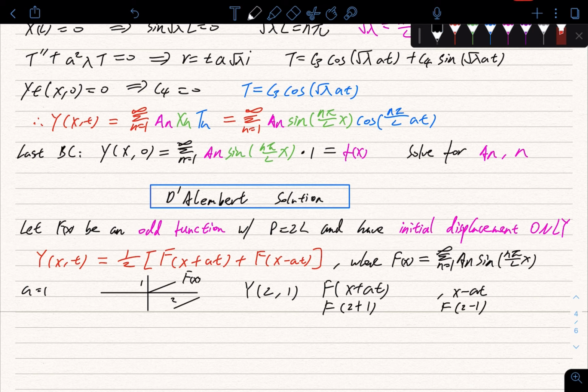So you're just going to find the corresponding value on f of x. So f of 2 plus 1, that is 3 and 1 right here.